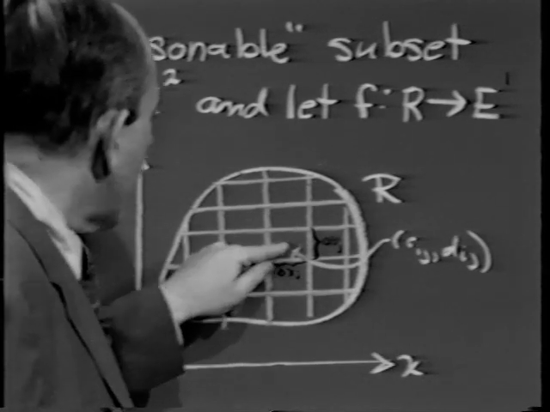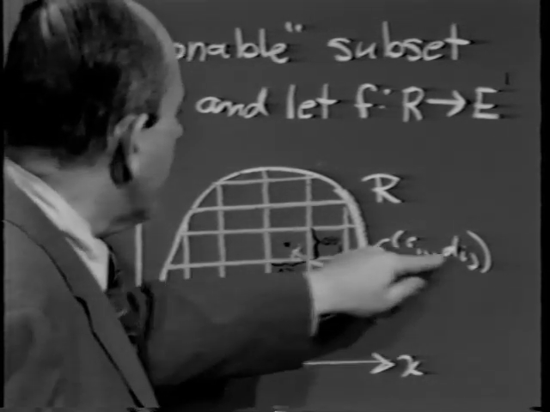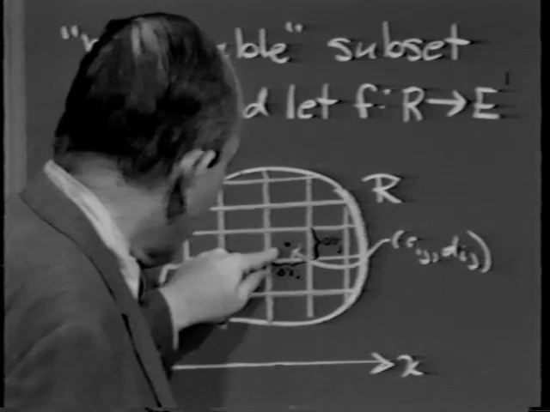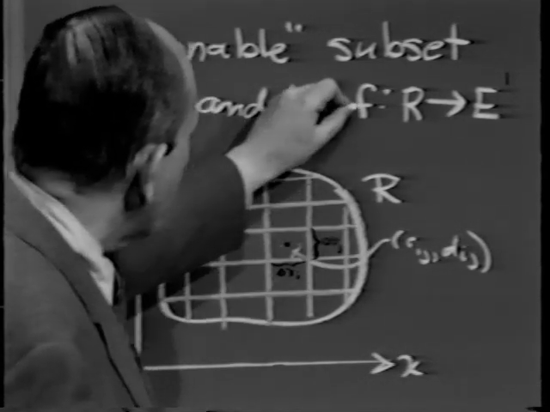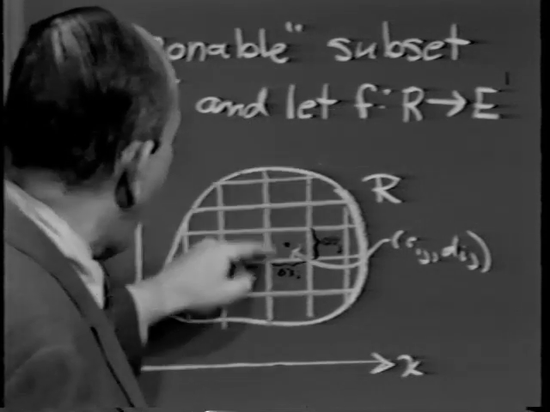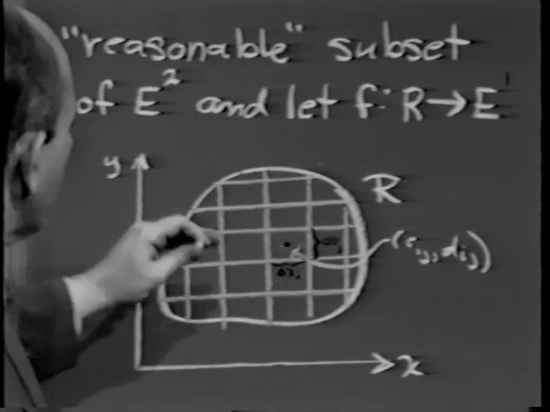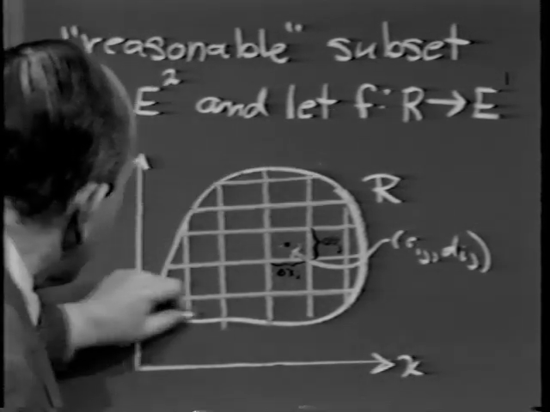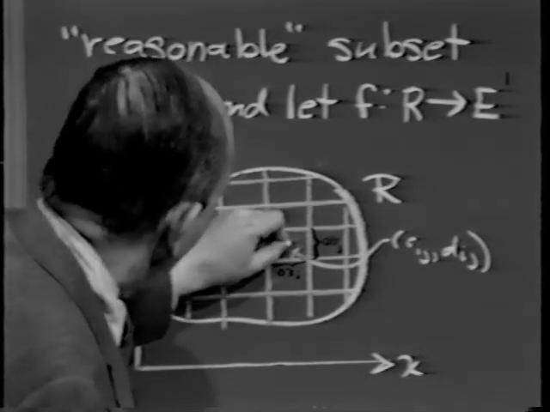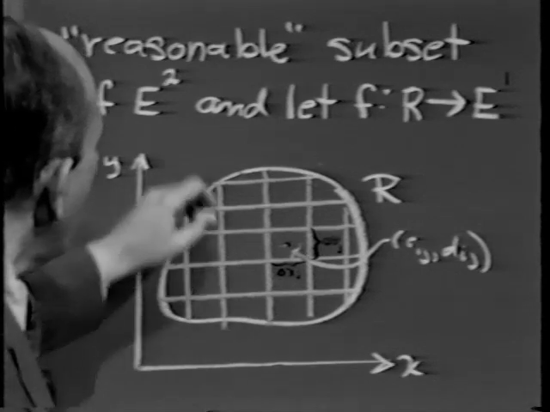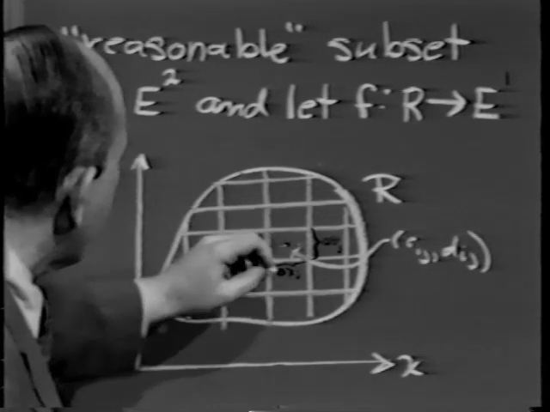What we do is we pick a particular point in a particular one of these rectangles. We evaluate F at that particular point, which exists because we're assuming that F is defined on this. And if you're having trouble visualizing this, F has nothing to do with this boundary. F is a function which maps each point into a number. So graphically, you can think of F as being a surface here.